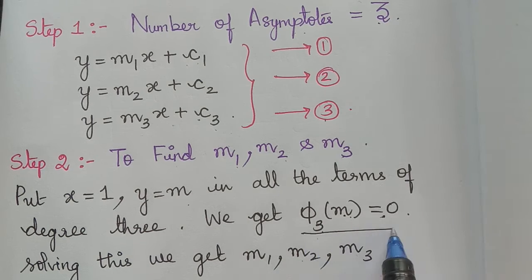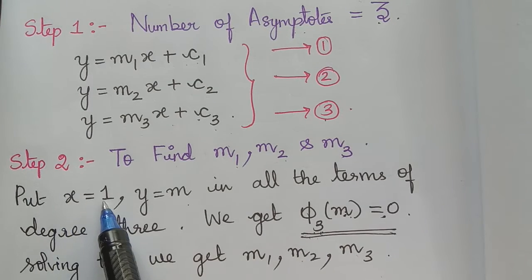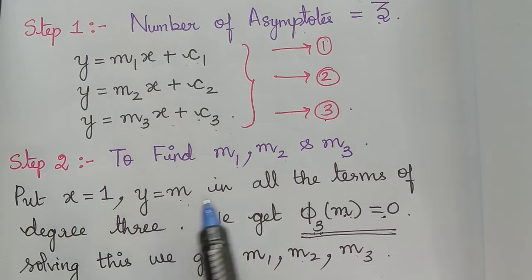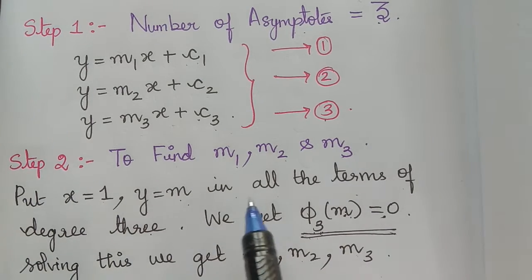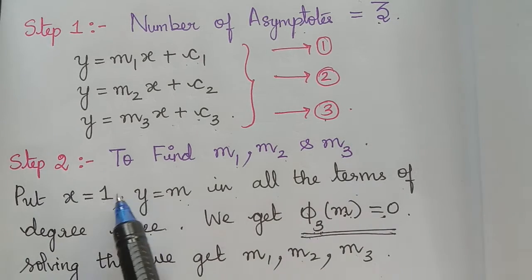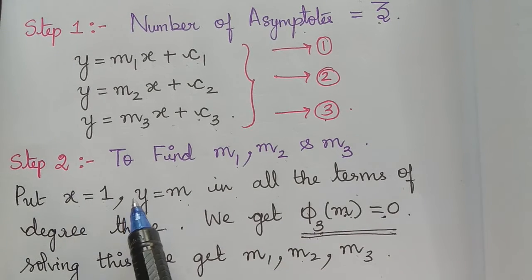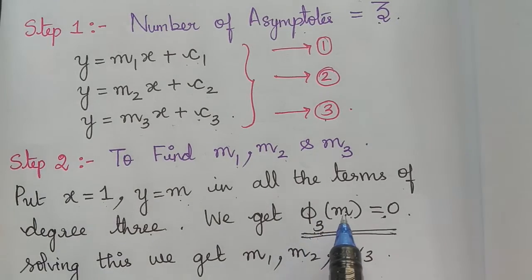Now how will we find phi 3 of m? Phi 3 of m is obtained by putting x equal to 1 and y equal to m in all the terms of degree 3, because the highest degree is 3. In the highest degree terms, we have to replace x equal to 1 and y equal to m and find the value of phi 3 of m.